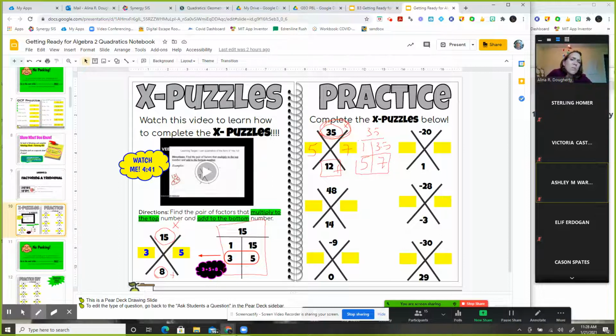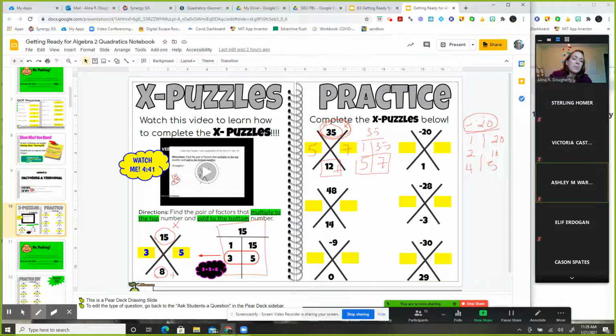So in the next problem, what multiplies to negative 20 and adds up to 1? We could do 1 and 20, or 2 and 10, or 4 and 5. Because I've got a negative 20, one of these numbers has to be negative.